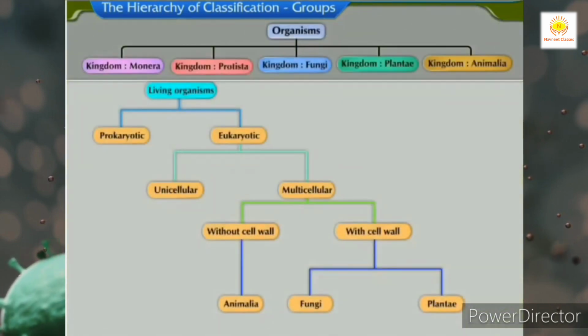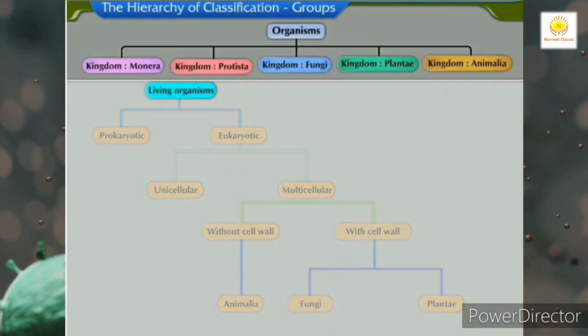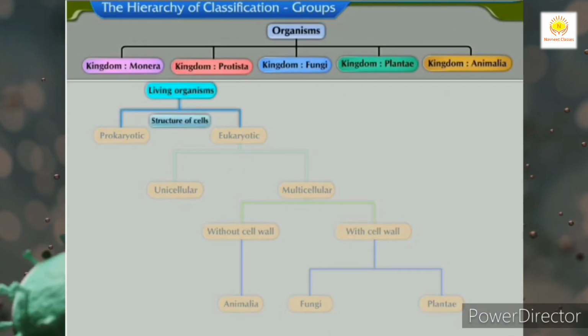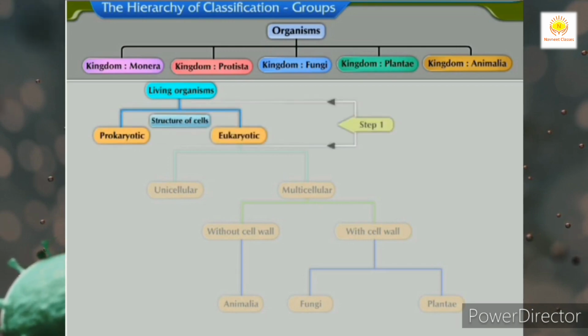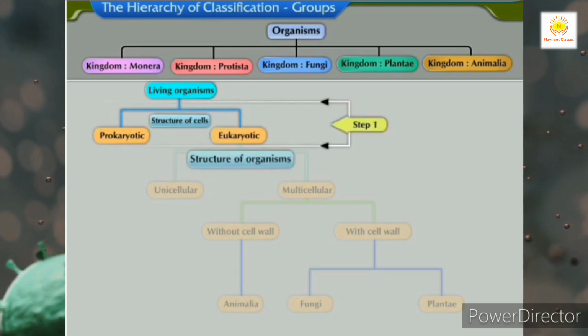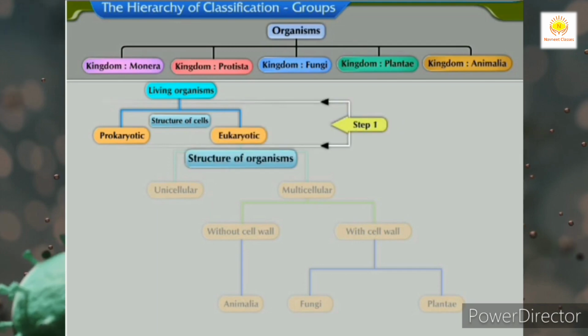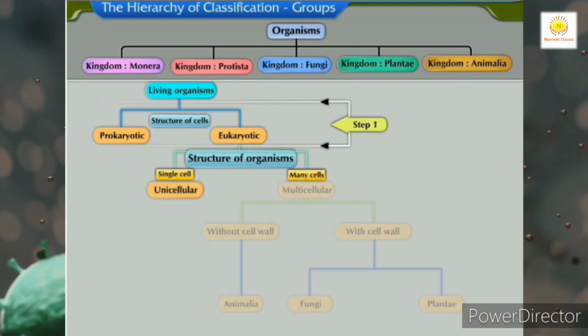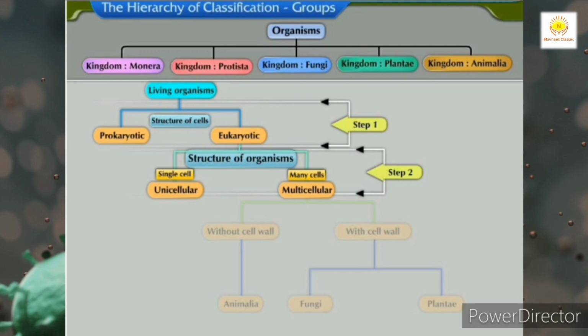This classification of living organisms is based on structure of cells, whether they are prokaryotic or eukaryotic, which is step 1. Structure of organisms, whether they are made up of a single cell or many cells, that is unicellular or multicellular, which is second step.